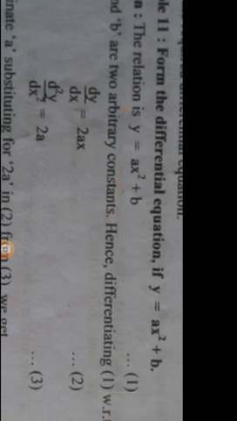Now taking another derivative, that is differentiating again, we get d square y divided by dx square is equal to 2a. So in this manner we get these two derivatives, that is dy by dx and d square y divided by dx square. Now from equation 3 we get the value of 2a.